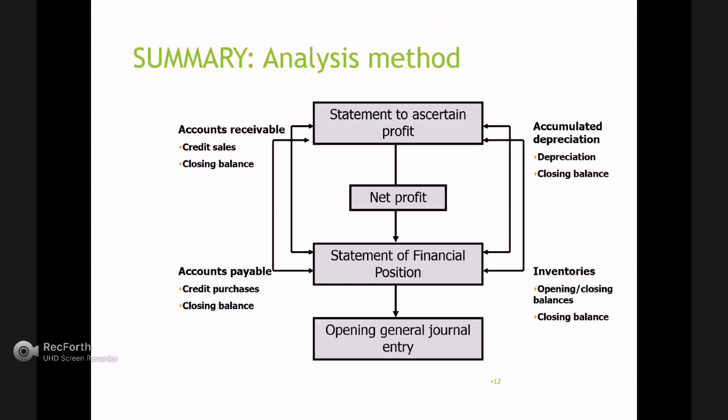So this is the summary. Apart from that, this is the summary. We will do this question according to this summary. You have to identify which type of transaction is transferred to the income statement to ascertain profit, and which transactions are transferred to the statement of financial position.